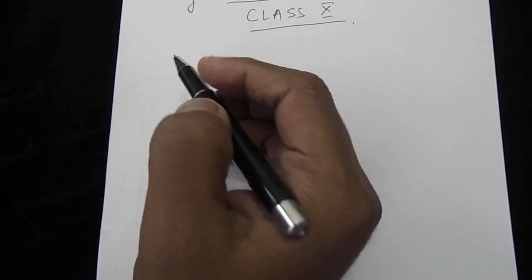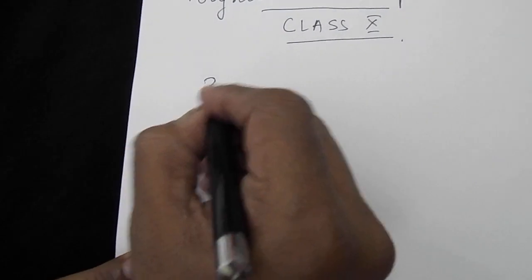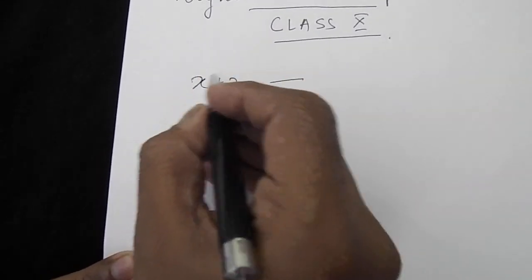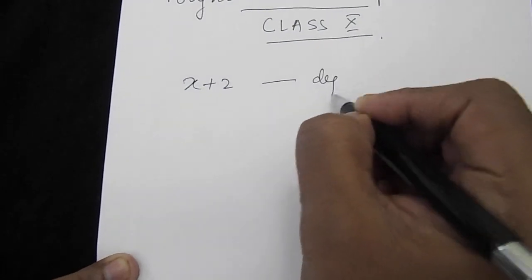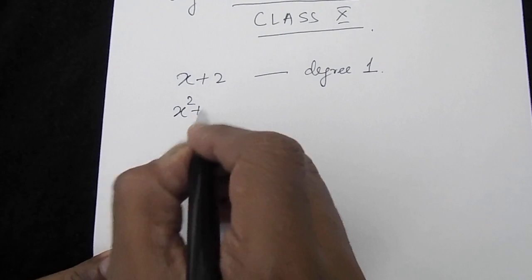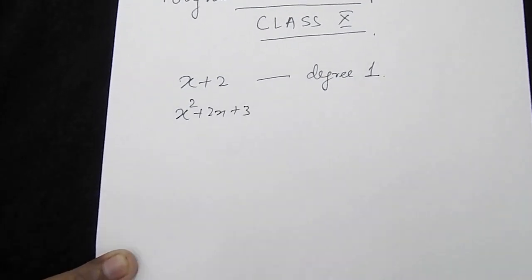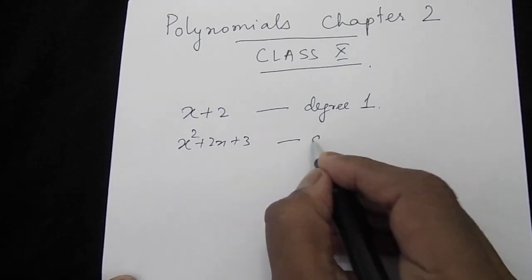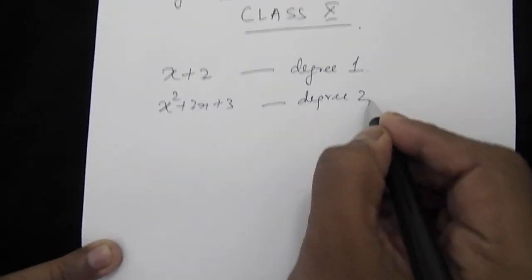In your previous classes, you have studied about the degree of a polynomial. X plus 2 is a polynomial whose highest power is 1, so its degree is 1. If you have x square plus 2x plus 3, the highest power is 2, so we say the degree is 2.